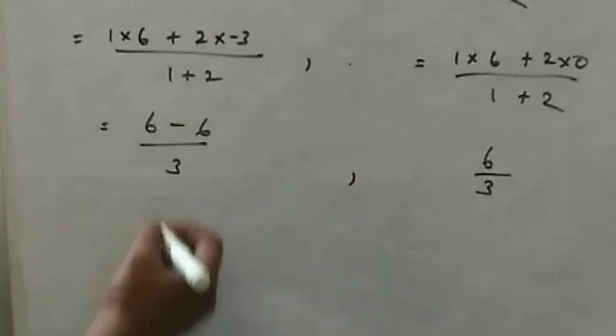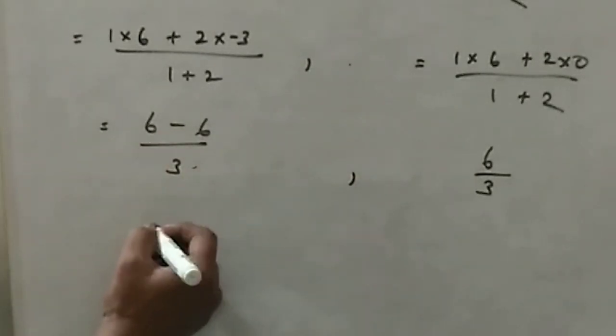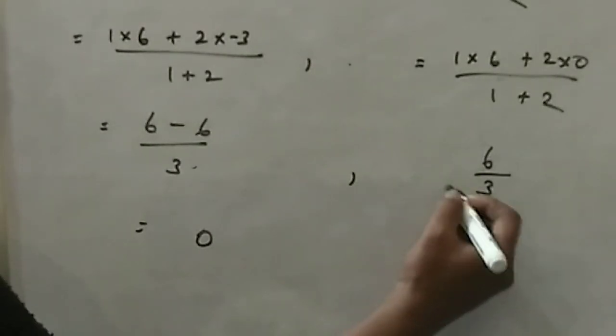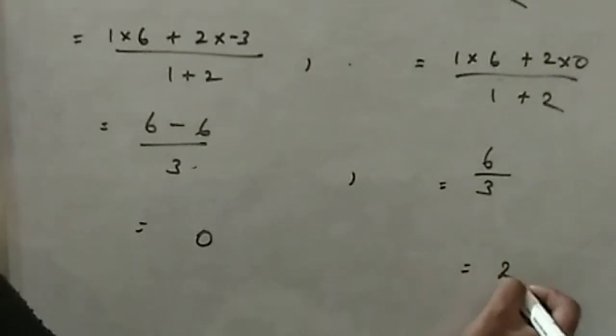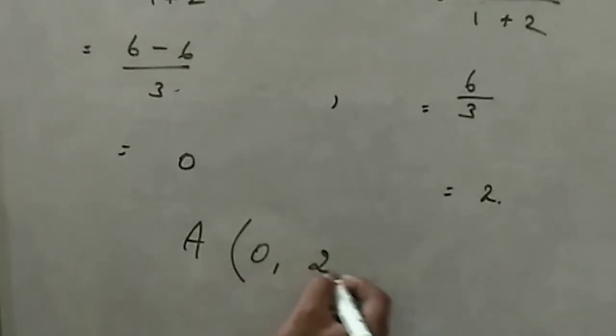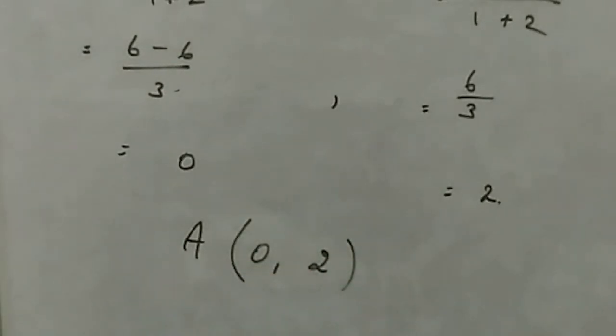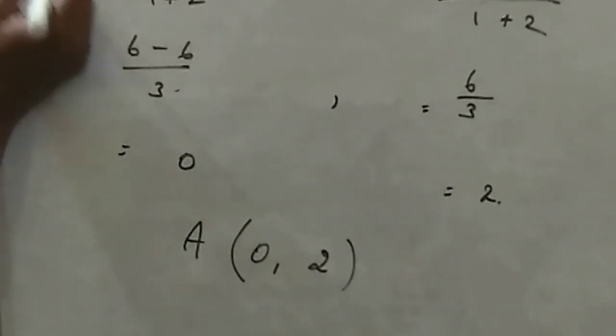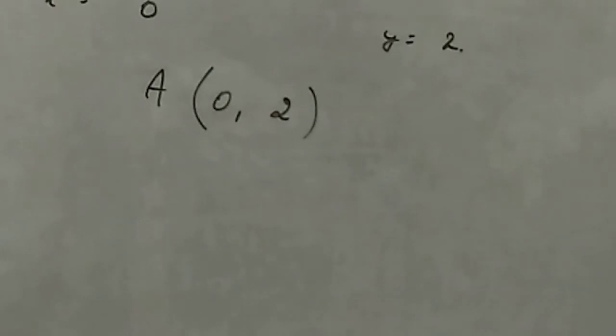Now cancel it. You will get here 0 and here you will get 2. So A is (0, 2). What is the coordinate of A? 0 and 2. Now we have to find out B.